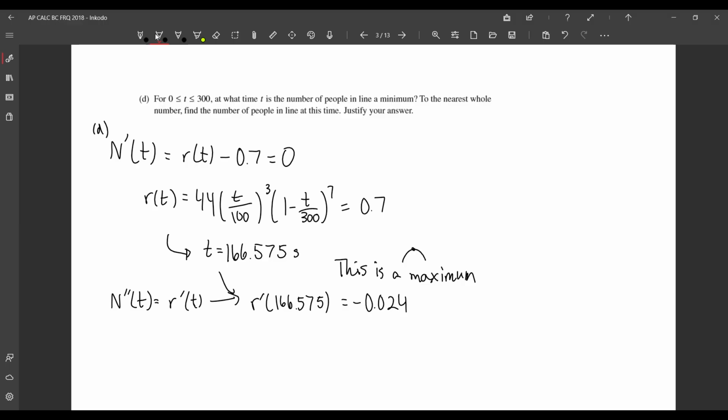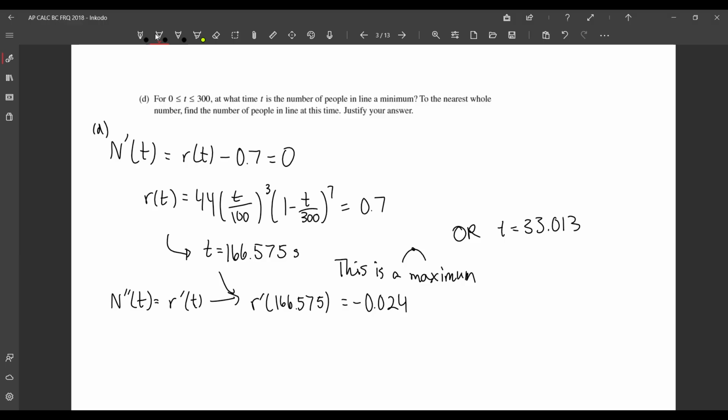So let me go back to my numeric solver, and I will set the bounds differently. The bounds will be from 0 to 100. So I get t equals 33.013.